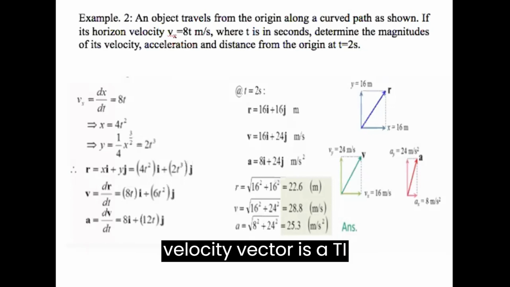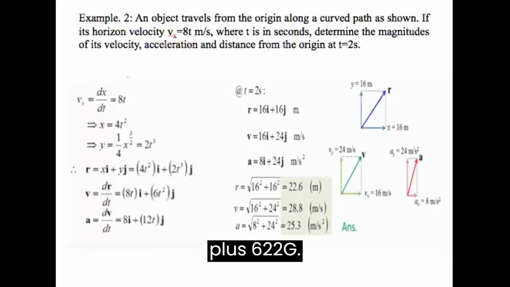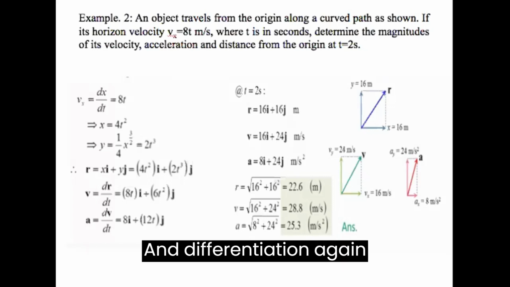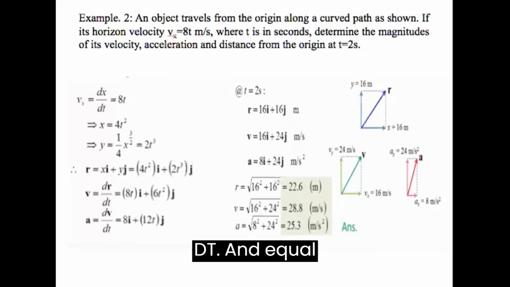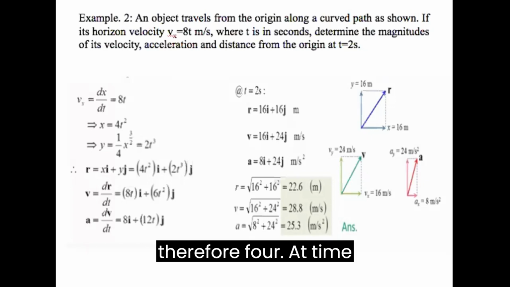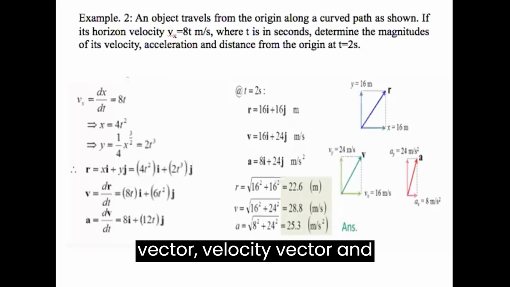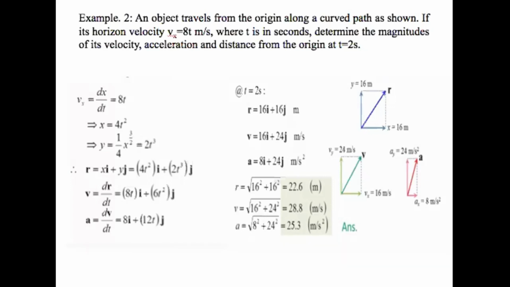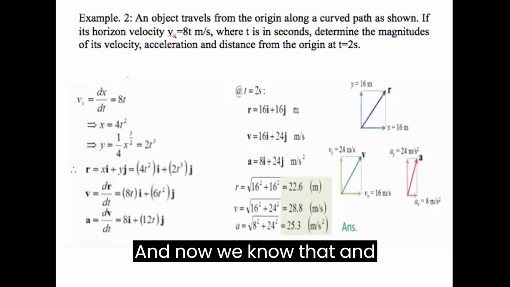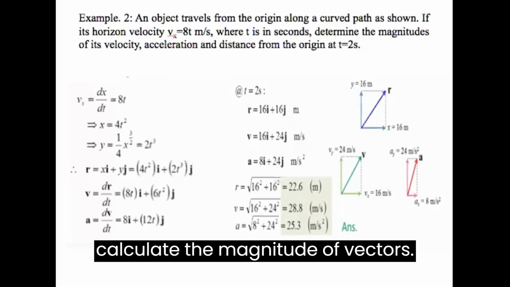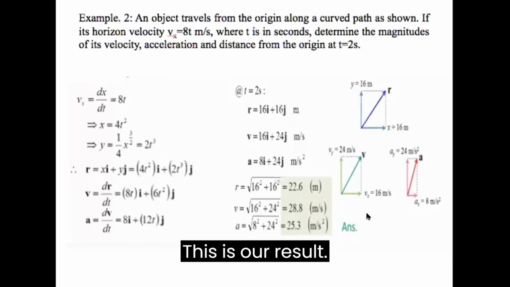The velocity vector is 8t i plus 6t squared j. And differentiating again, acceleration equals dv over dt, which equals 8i plus 12t j. Therefore, at time 2 seconds, we can evaluate the position vector, velocity vector, and acceleration vector. And now we know how to represent the vectors, and also how to calculate the magnitude of vectors. This is our result.